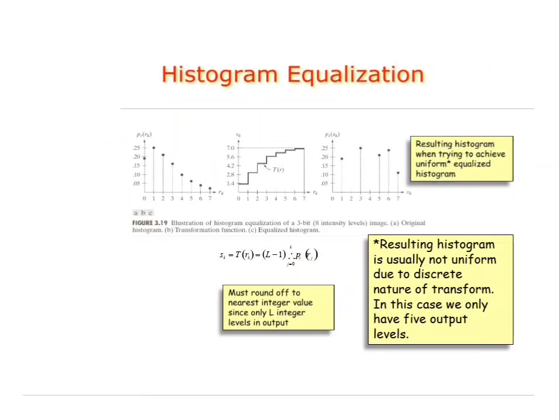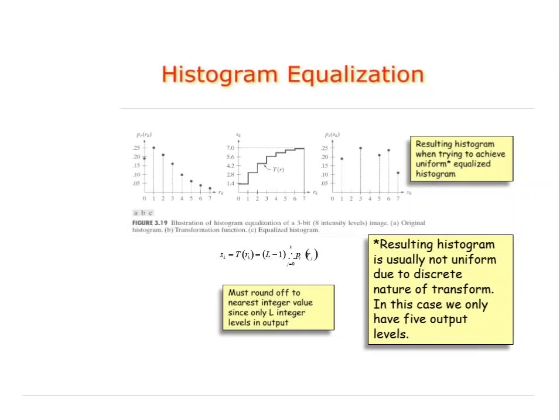However, both R3 and R4 were mapped to the same value 6. So there are 656 plus 326, that is 985 pixels in the equalized image with this value. Similarly, there are 245 plus 122 plus 81, that is 448 pixels with the value of 7 in the histogram equalized image.